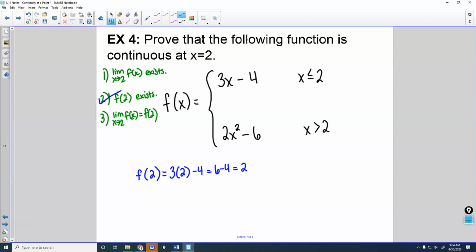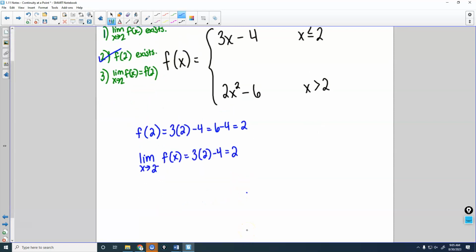Now I need to show that the limit as x approaches 2 of f of x exists. But to do that for a piecewise function, I have to show that the limit from the left and the limit from the right are equal to each other. That shows that the limit exists. So I would first do the limit as x approaches 2 from the left of f of x, which would be the top function, 3 times 2 minus 4, which gives us 2, just like we got for f of 2.